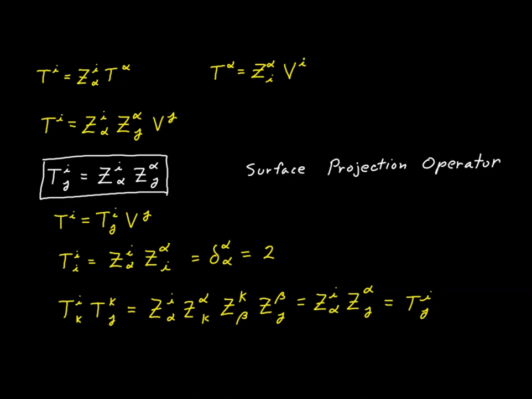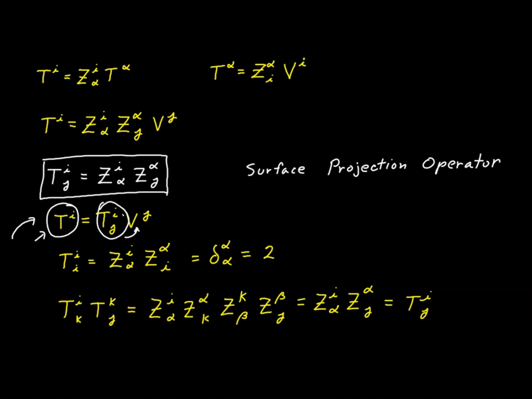Now, this behavior might make more sense if we think about it in geometric terms. Think about this. If you apply the operator up here to a general vector, you're going to get a projection on the surface like so. Well, if we apply the operation again to this result, then we're applying a surface projection operator to a vector that already lies on the surface.